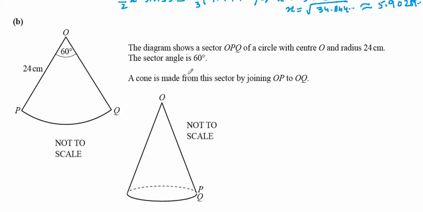The cone is made from this sector by joining OP to OQ. We know that when we fold a circular sector, it always makes a cone.